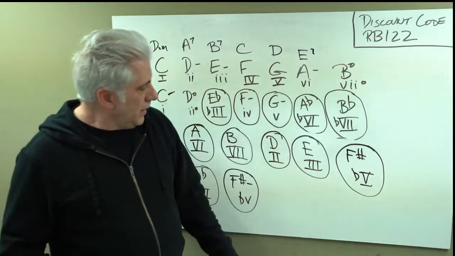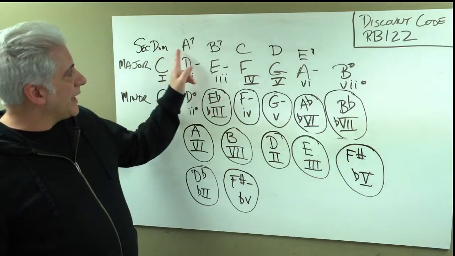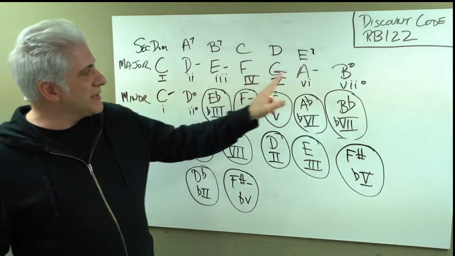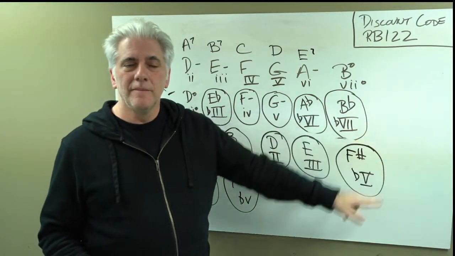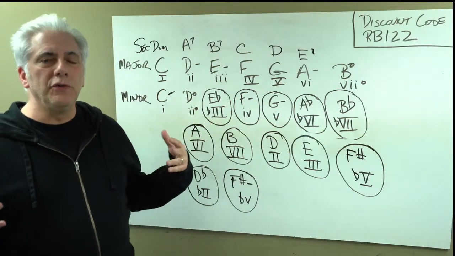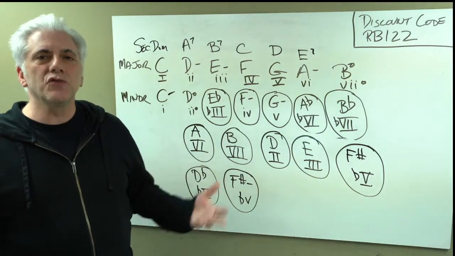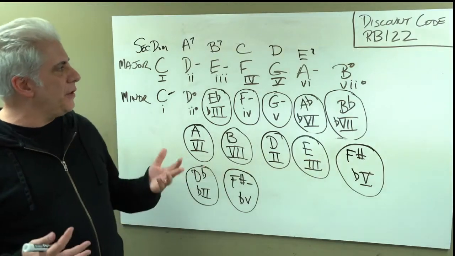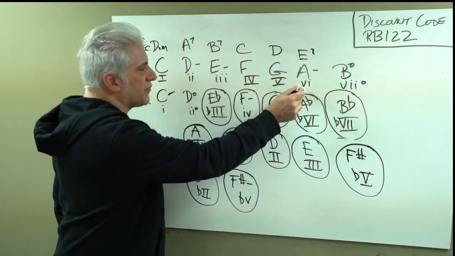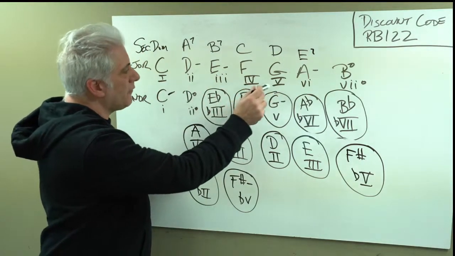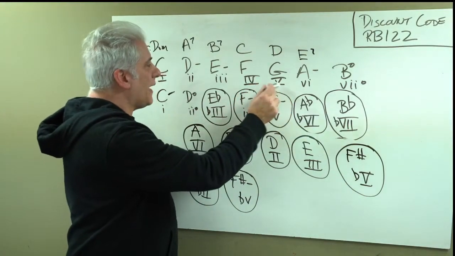Now, the other chords here are the diatonic chords. So you have your secondary dominants, you have your diatonic major chords, and then you have your parallel minor chords. These are what you use to modulate to other keys or to add interest to your chord progression so that you don't just get stuck in chord progressions like 4, 1, 5, 6 or 1, 5, 6, 4 or 6, 4, 5, 1.